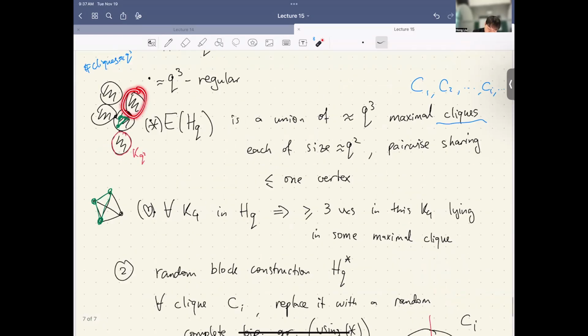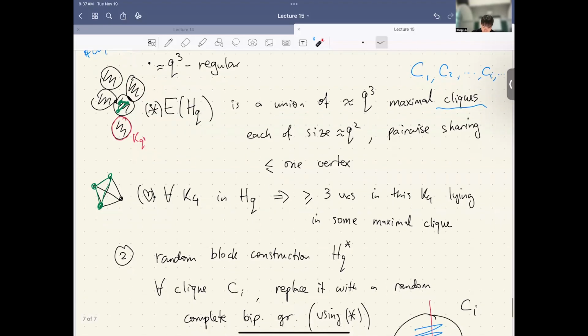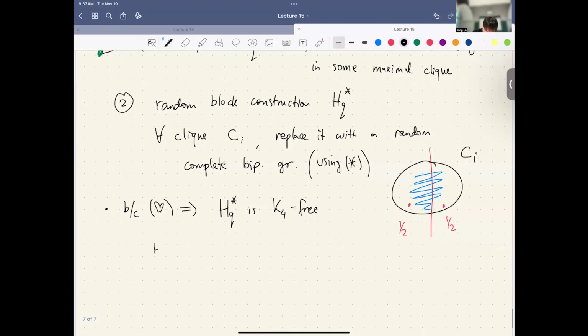Every clique, we replace it by a complete bipartite graph. And remember, this clique is of size q squared. So in this complete bipartite graph, we have a huge hole here, q squared. All right. But let me write here: alpha of HQ star is at least q squared up to some polylog or constant factor.